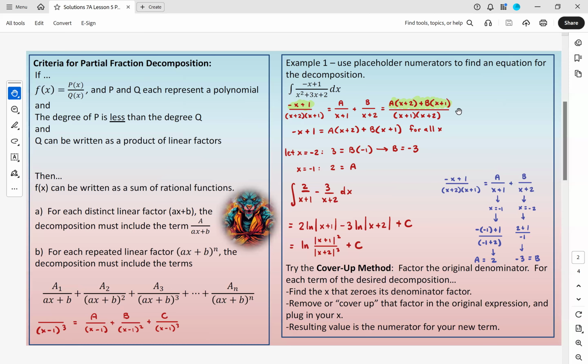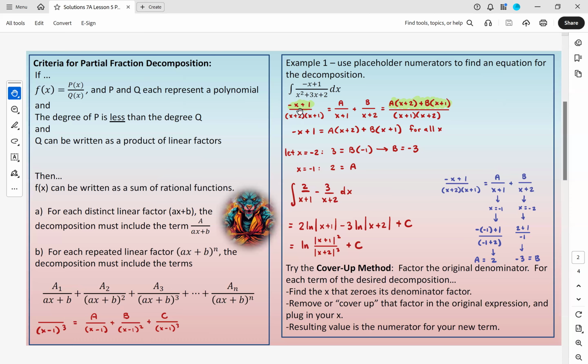Now, as you watch this video, you might be wondering, well, why are we even putting these together? I thought the whole point was to separate these terms into smaller bits. And you're right, that is the point. But I'm writing out this version of the fraction because now I have two different versions of the combined fraction, and we can take the numerators and set them equal to each other.